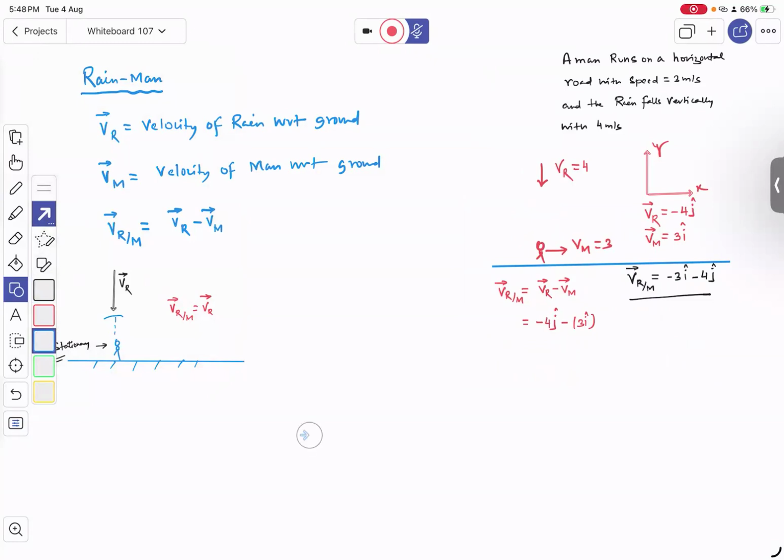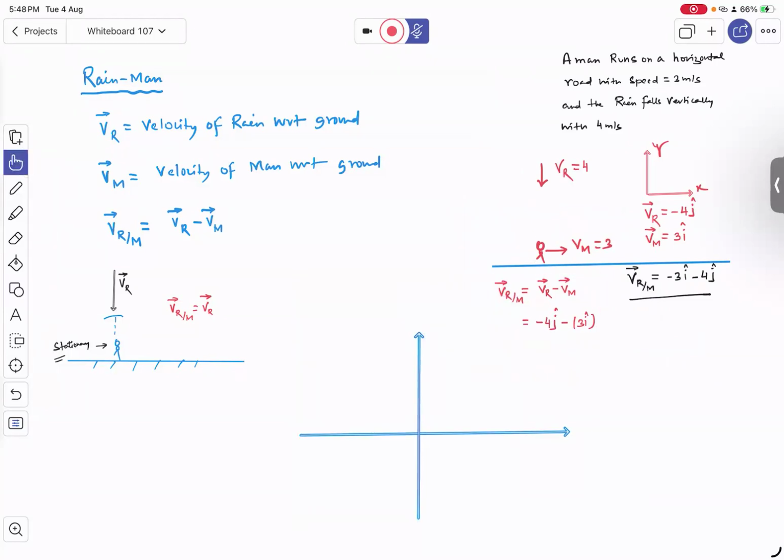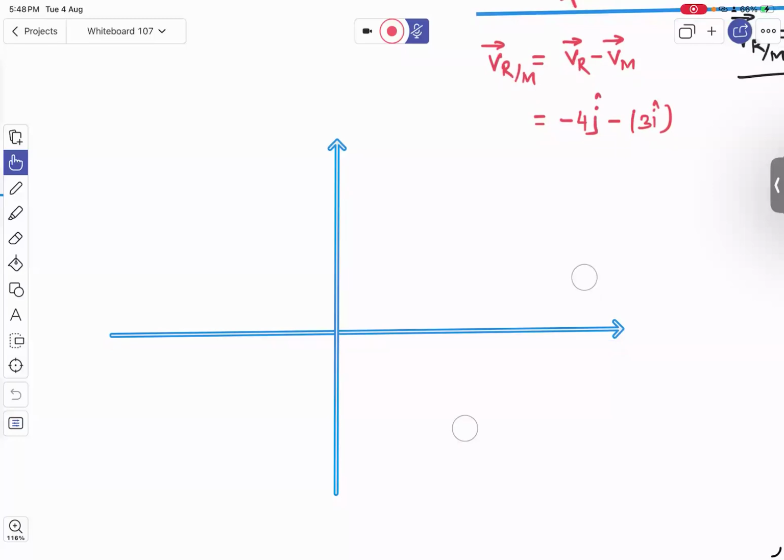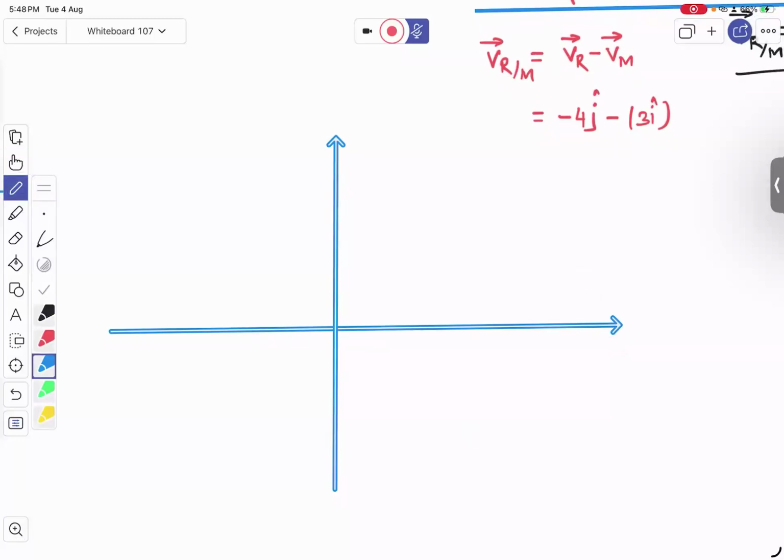This is our x-axis, positive x, and this is our positive y-axis. So if I ask you, where is the coordinate minus 4 comma minus 3, it may be somewhere here, no?